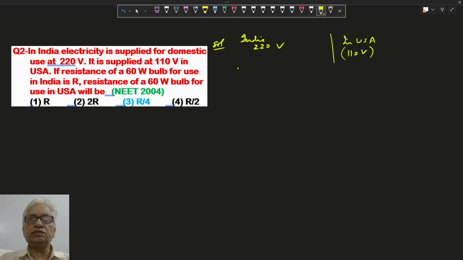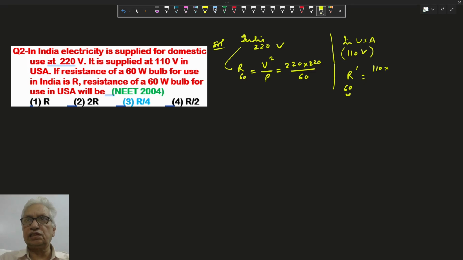The resistance of a 60 watt bulb can be found by V squared by power P. 220 squared upon 60 is the resistance in India, but for the same 60 watt bulb in USA the resistance will be different because the voltage is different.